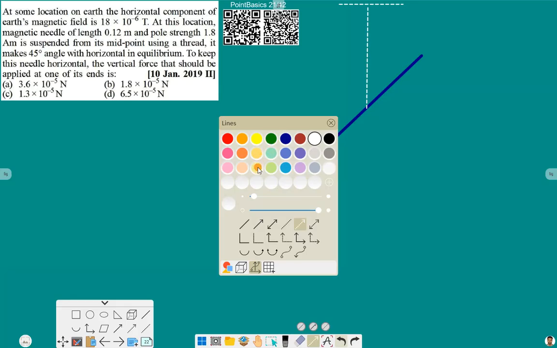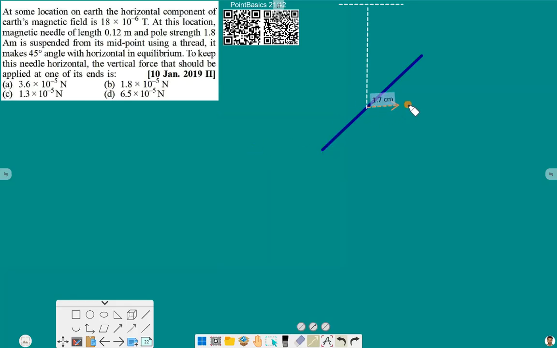Horizontal component of magnetic field is given to us. Horizontal component of magnetic field is this, and value is 18 into 10 raised to power minus 6. Length of needle is given and its pole strength is given, and this theta is 45 degree.